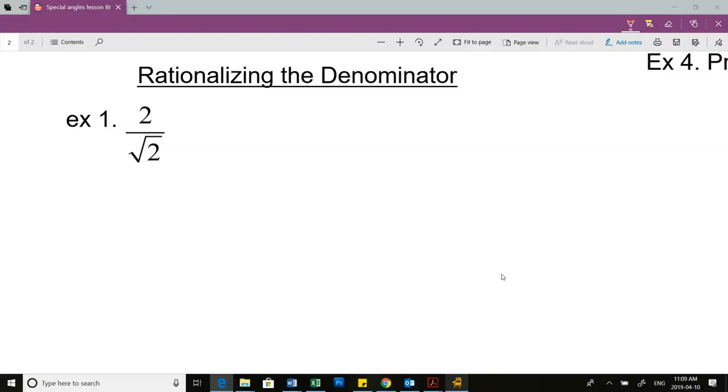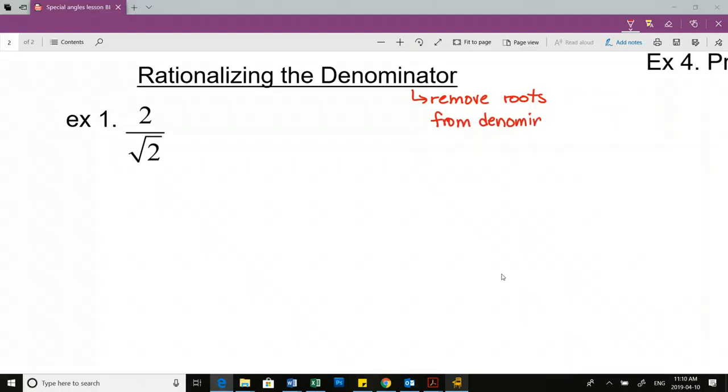Because technically, as mathematicians, just like mathematicians don't like negatives in their exponents, they also don't like roots in their denominators. So the process of rationalizing the denominator is we remove roots from the denominator. And your calculator does this automatically, but again, I want you to know why your calculator is giving you the certain things that it is. And I want you to be able to do it yourself as well.